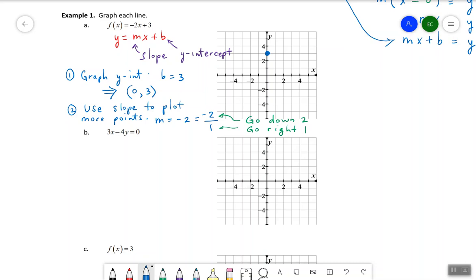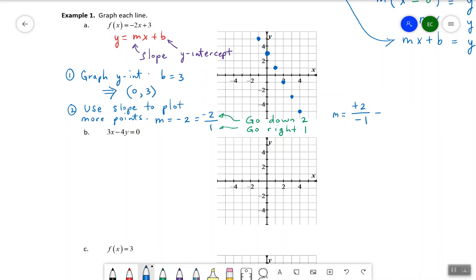And so we start from the y-intercept at (0, 3), and we go down 2 and to the right 1, and there's another point, and down 2 and right 1, and we can keep doing that as far as we like. We could also do up 2 and left 1, right? Up 2 would be a positive 2, and left 1 would be a negative 1.